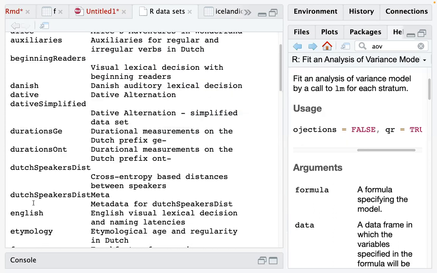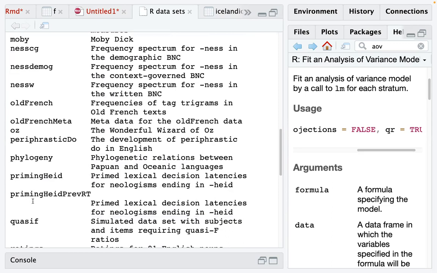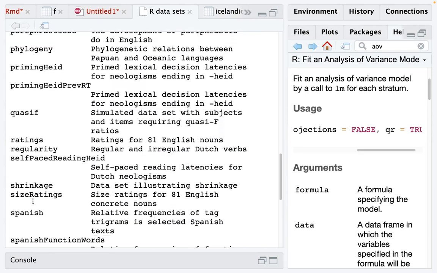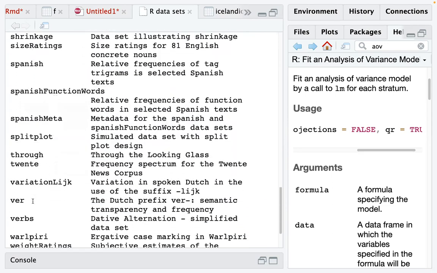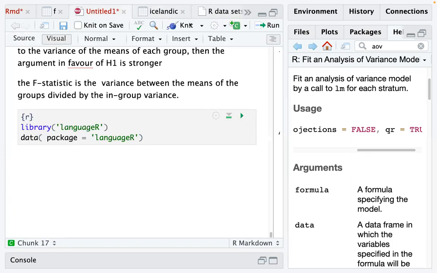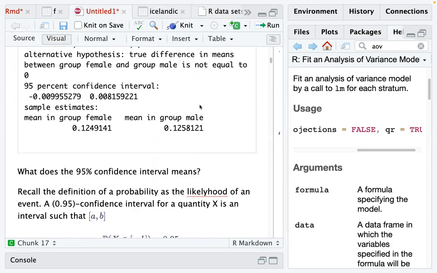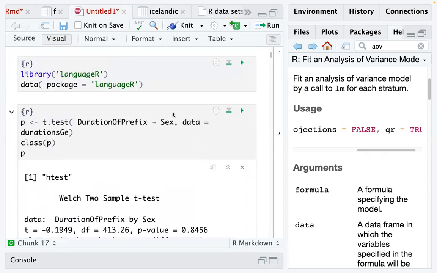So it was like prefix duration. Well, I can go upstairs and retrieve what I wrote. So, durations J.